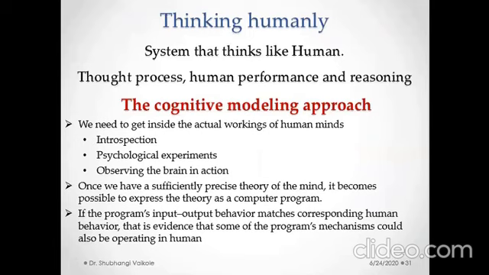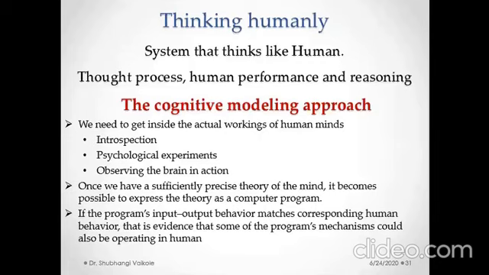The exciting new effort to make computers think, machines with minds in the full and literal sense, is called the system that thinks like humans. The automation of activities that we associate with human thinking, activities such as decision making, problem solving, learning, comes under this kind of system.